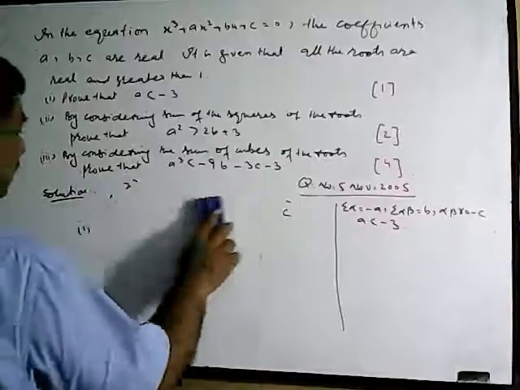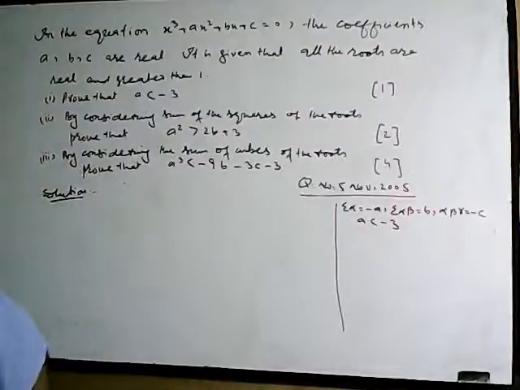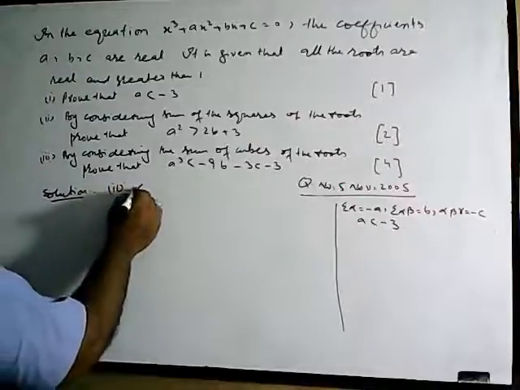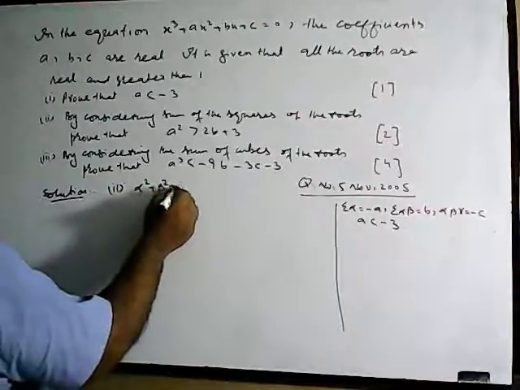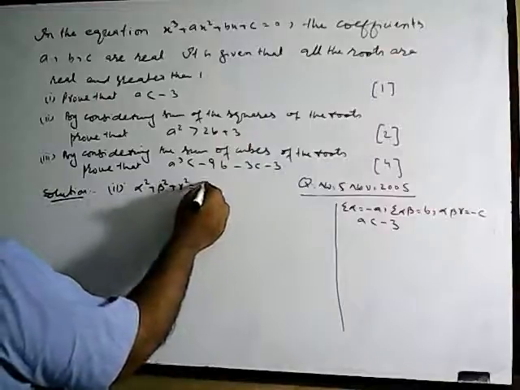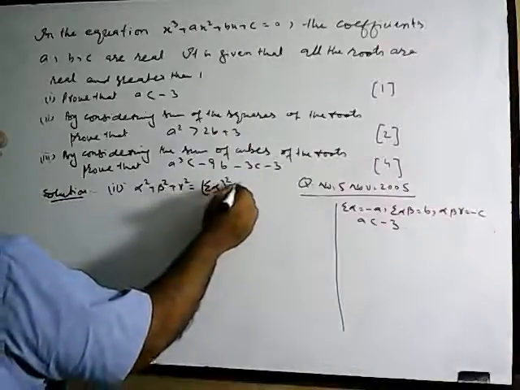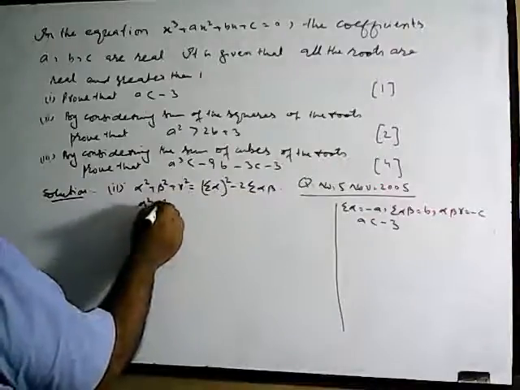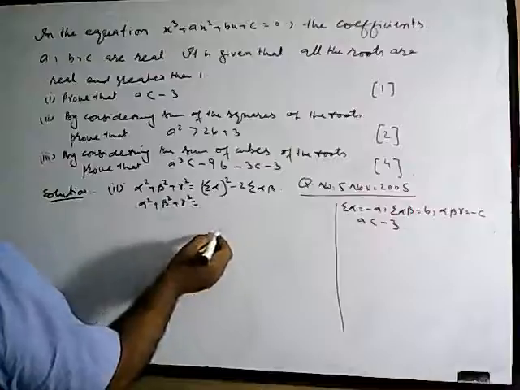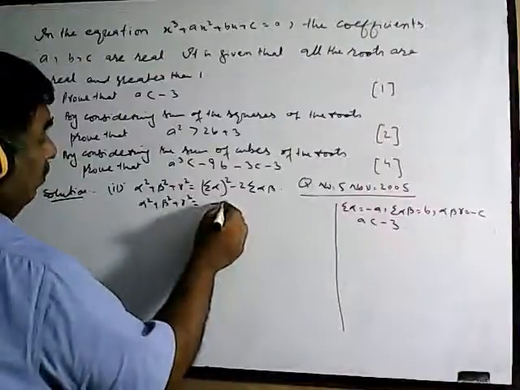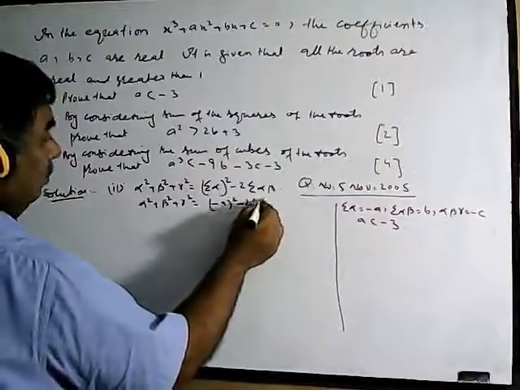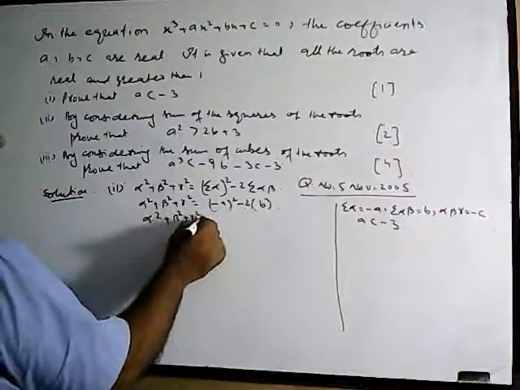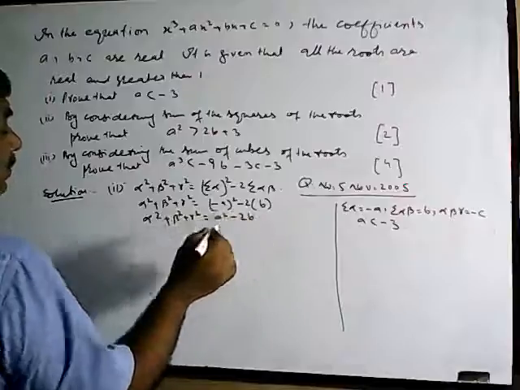Now the second part states that by considering the sum of the squares of the roots, alpha squared plus beta squared plus gamma squared is equal to sigma alpha whole squared minus 2 sigma alpha beta. Sigma alpha is minus a, so it is a squared minus 2b.